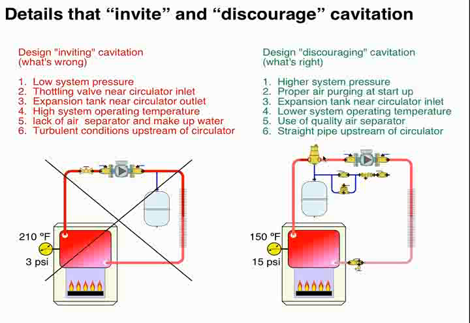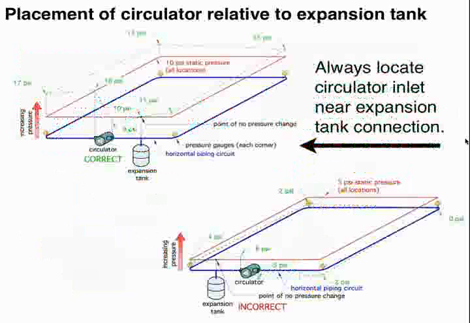These are all piping details that cause turbulence and a drop in pressure, which means that the net positive suction head is going down, and that's the wrong direction if you're trying to avoid cavitation. So basically avoid everything on the left, and do everything on the right as possible.